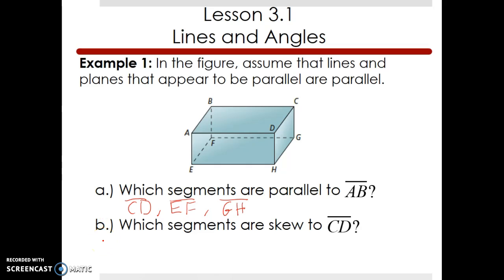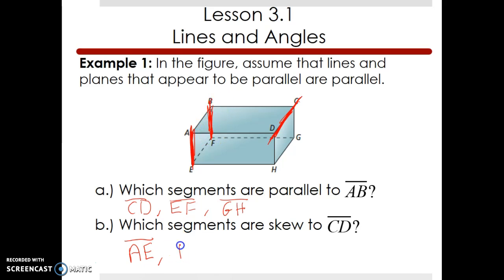The second one is which segments are skew to CD. So if I see CD, it's right here. CD means that it does not intersect, so it doesn't meet up, but it's going in an opposite direction. So I'm going to take this line, AE, it doesn't intersect and it's going in a different direction.